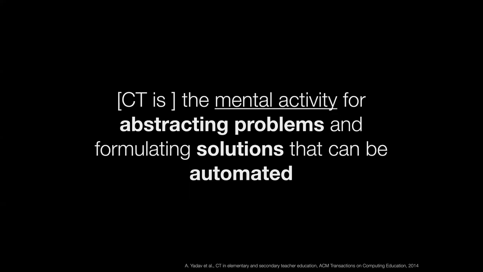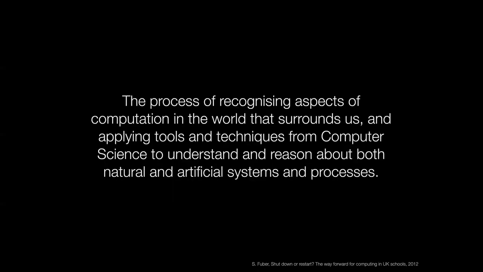Here we have mental activity, the thought process from before, and abstracting a problem, which is the same as expressing or defining a problem, and formulating solutions. Both problems and solutions especially need to be automated. The difference with the previous definition is that here we want to automate the solution, okay?